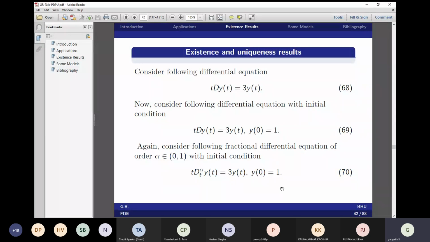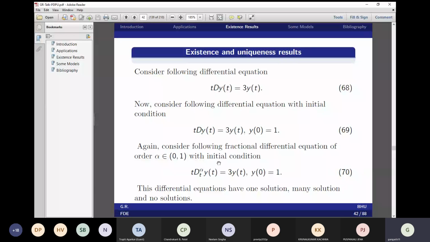Equations 68 and 69 may have only the trivial solution, may have a non-trivial solution, and may have a unique solution. Basically these equations may have some solutions, may have no solution, or may have unique solutions.